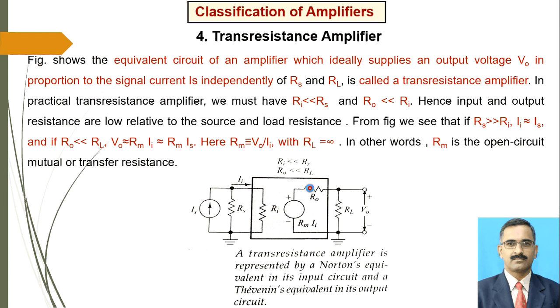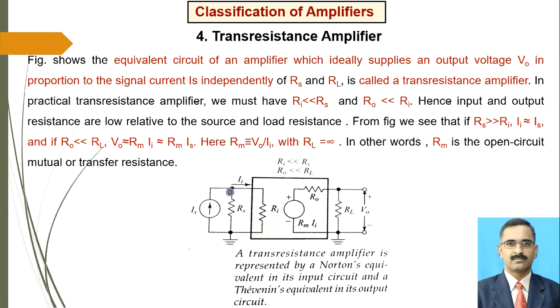So considering the figure, if Rs is very much greater than Ri, then the Ii flowing is nearly equal to Is. And if R0 is very much less than RL, then the voltage across RL is V0 equal to Rm into Ii, which is nearly equal to Rm into Is.